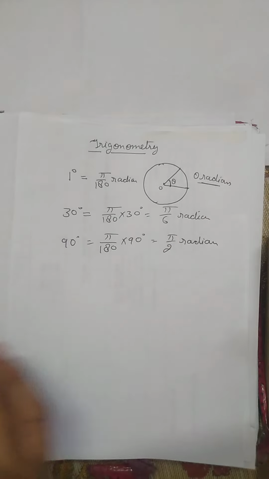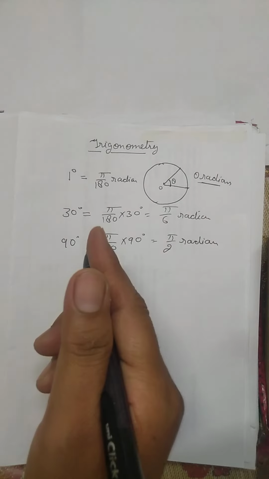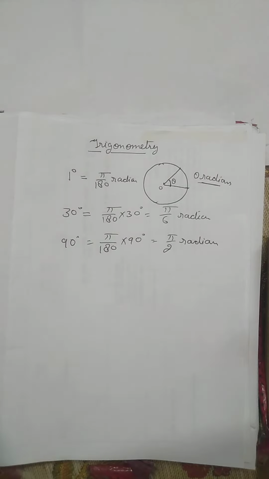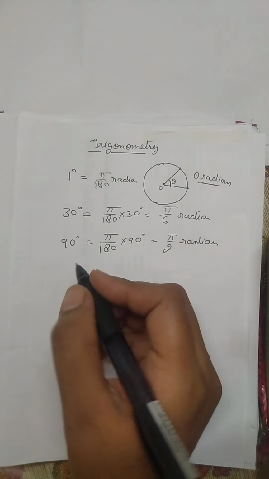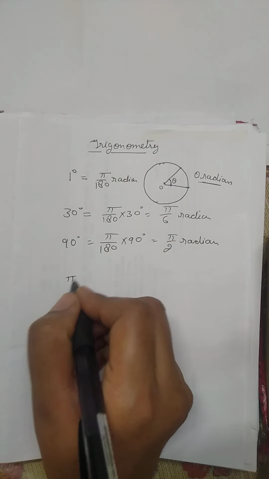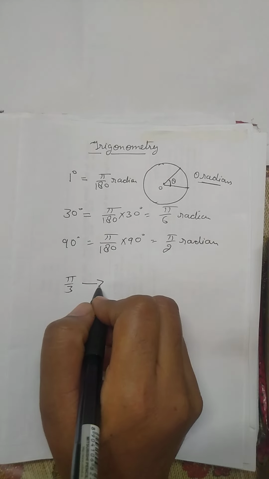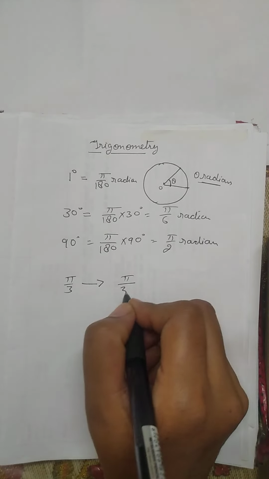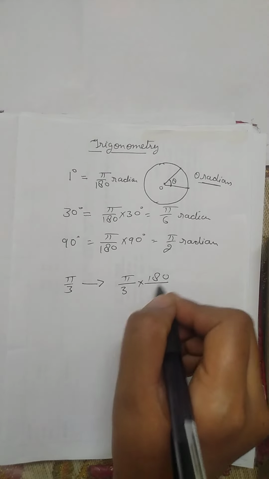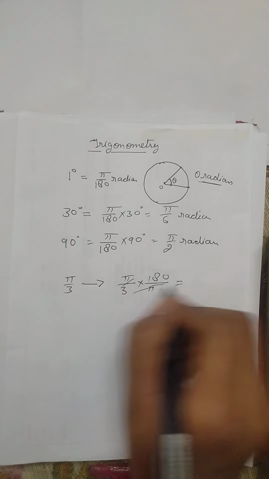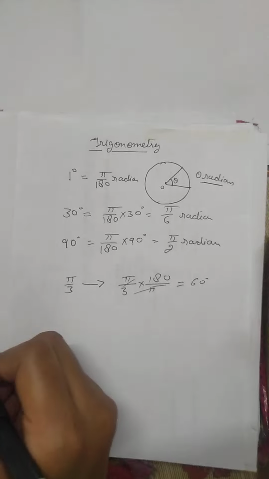Now if we want to convert radian measure to degree, then we will multiply it by 180 upon pi. Suppose we have pi by 3. Pi by 3 is to be converted to degree measure, then we will multiply it by 180 upon pi. We will get 60 degree.